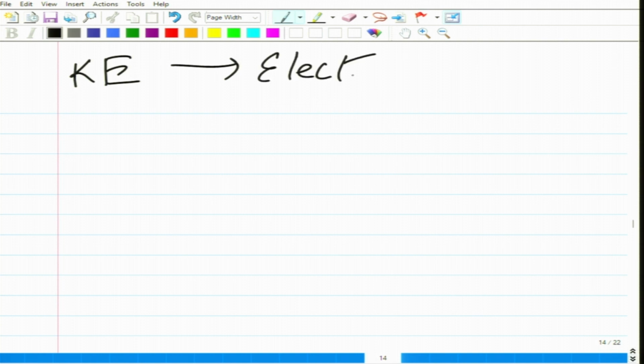So kinetic energy has been converted to electrostatic potential energy.